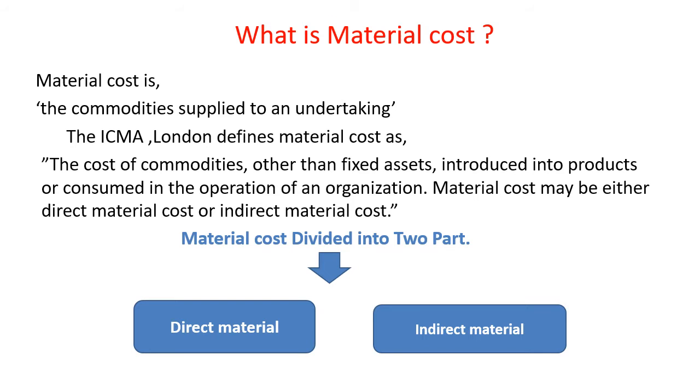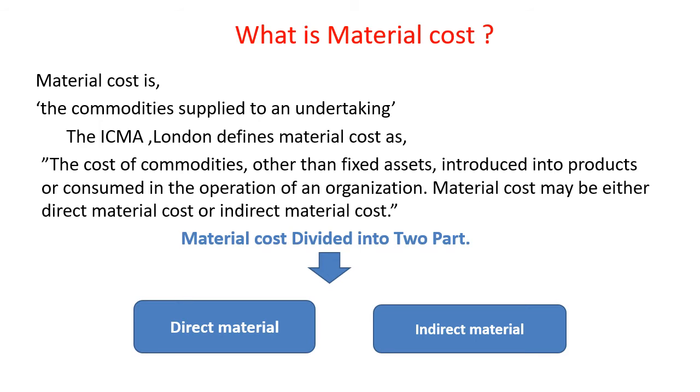Let us see in detail one by one. First element of cost is material cost. What is material cost? Material cost is the cost of commodities supplied to an undertaking.